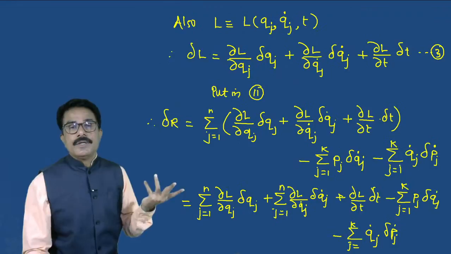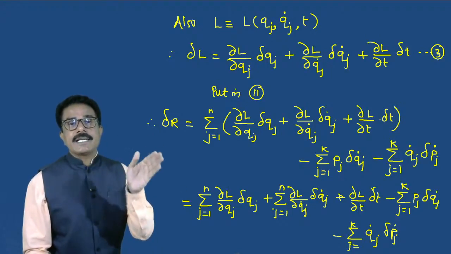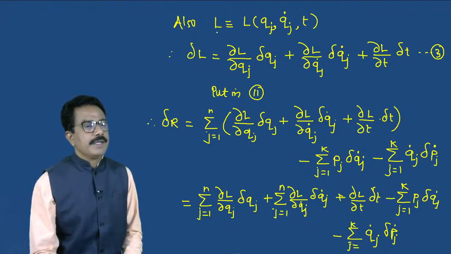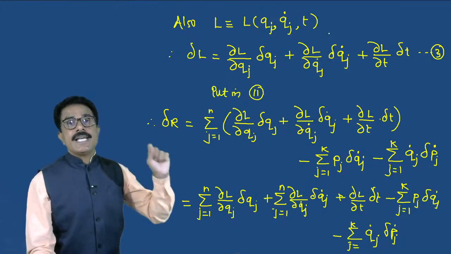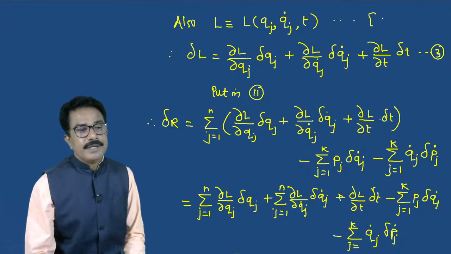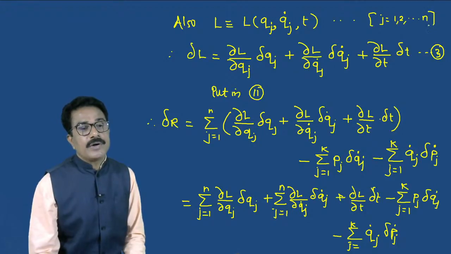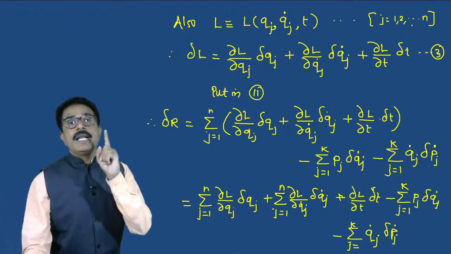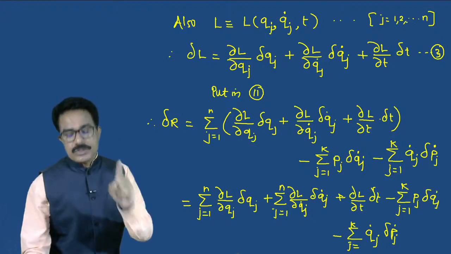Also we know that the complete Lagrangian function is L equals L of qj, qj dot, t. Here j is from 1 to n. Note that in the Lagrangian, j equals 1, 2, 3, ... n. In Lagrange's equation, j equals 1 to n.